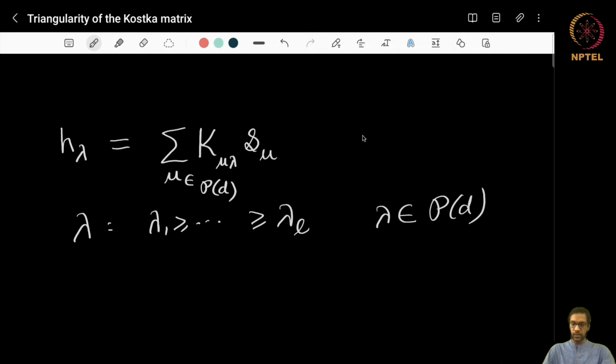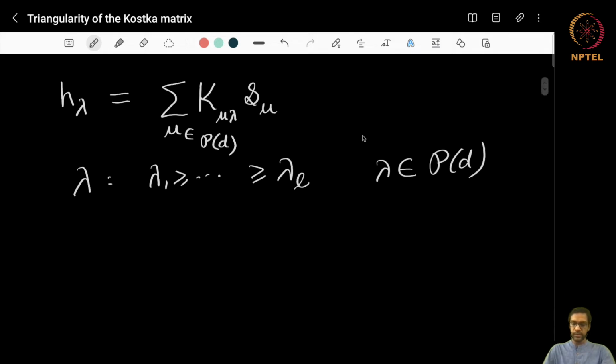Now what I want to do is think about what it means for a certain s_mu to occur in this expansion. In other words, suppose this coefficient K_{mu lambda} is positive, then what does that tell me? So the question: if the Kostka number K_{mu lambda} is strictly positive, then what can we conclude about lambda and mu?